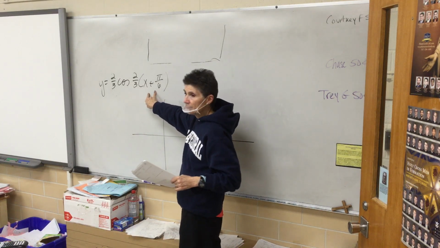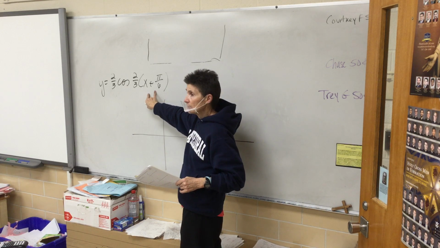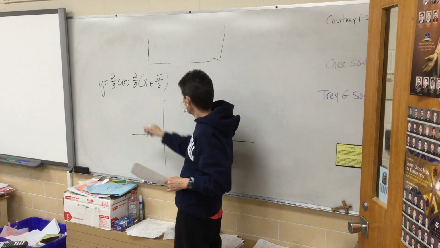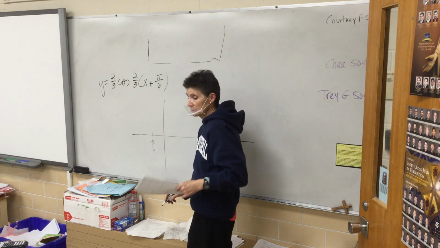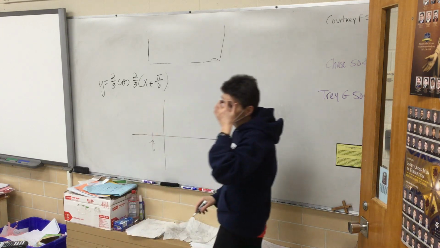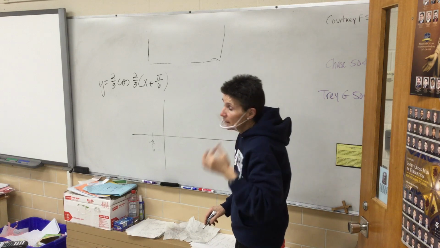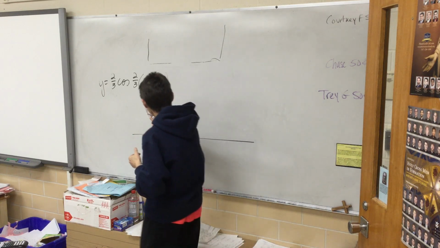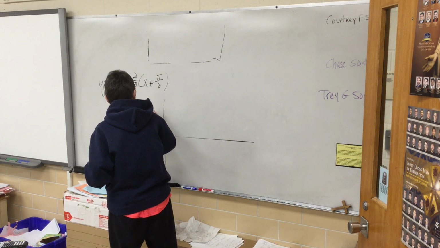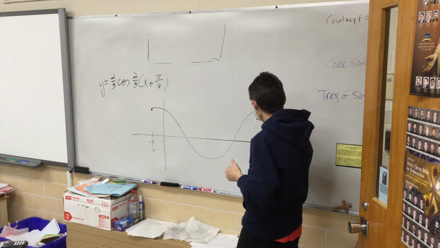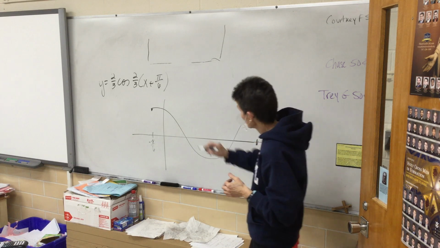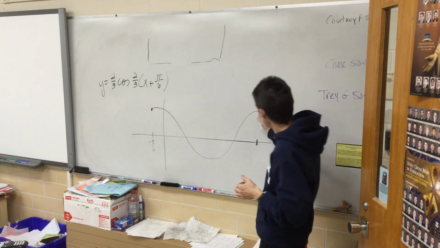What's that tell me? Where I start, right? And I'm going to start at negative pi over 6. And it's a cosine, and it's positive, so would you agree that I have a shape that looks like this? Starts at the top of the hill, ends at the top of the hill.